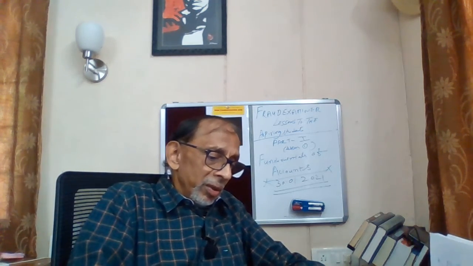All these are prepared on the basis of capital and revenue basis. So all the capital related expenses are reflected in the balance sheet, and revenue related are all reflected in the profit and loss account.